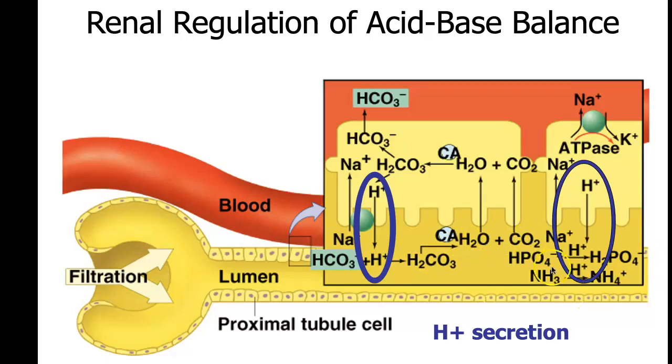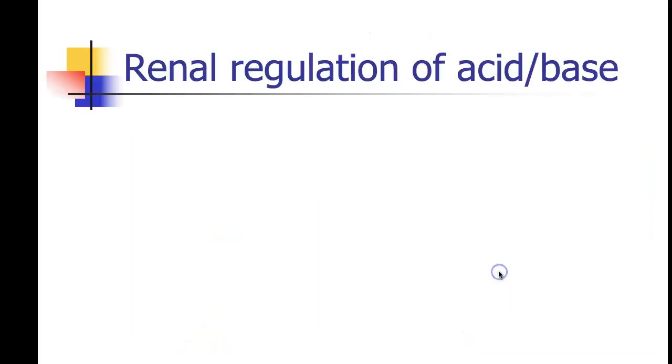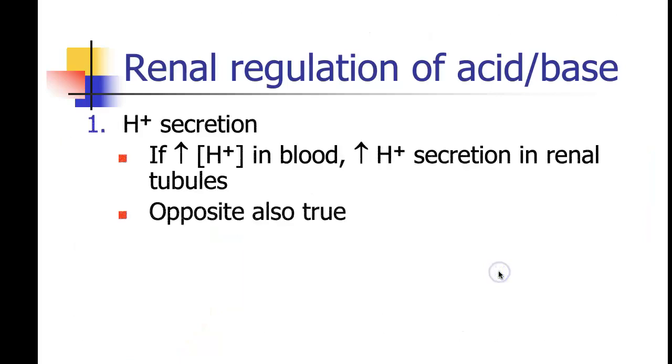Okay. So main point here is that you're going to be able to secrete hydrogen ion and you're going to be able to reabsorb bicarbonate. Okay, so how do we do this? For hydrogen ion secretion, if you have an increase then in hydrogen ion in the blood or a decrease in pH in the blood, same thing, then you're going to have increased hydrogen ion secretion into the renal tubules.